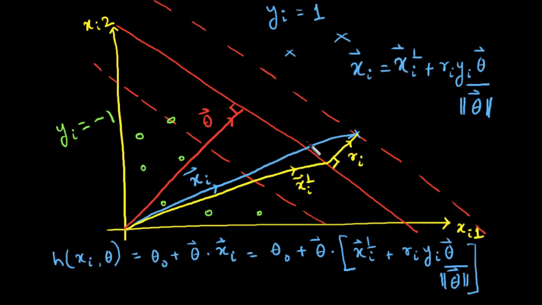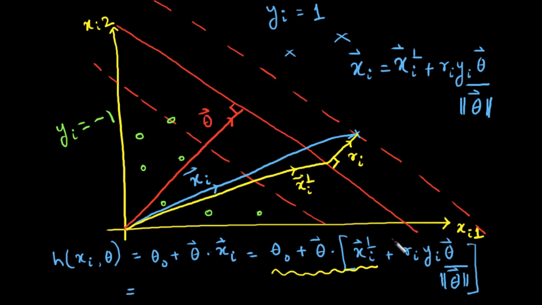So here, when Ri is 0, the hypothesis function must be 0 and xi perpendicular lies exactly on the decision boundary. So what does that mean? That means that this particular term over here must be equal to 0.